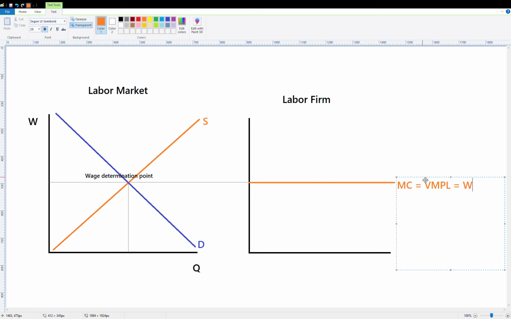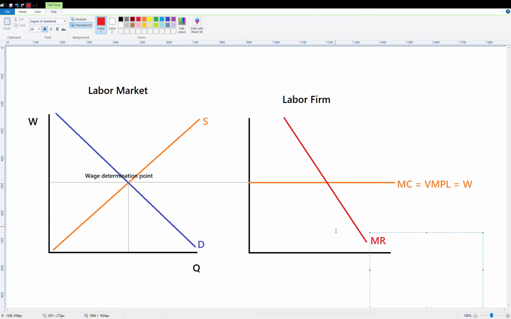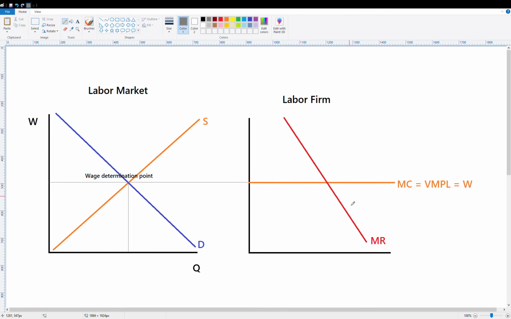So this is what that line is, and the MR is downward sloping like this. So this is the point. It's the same as the perfect competition graph, except the MR and the MC are swapped, and the sloping line is switched around. So this is the quantity that they make.